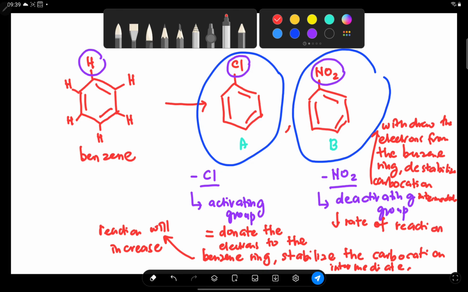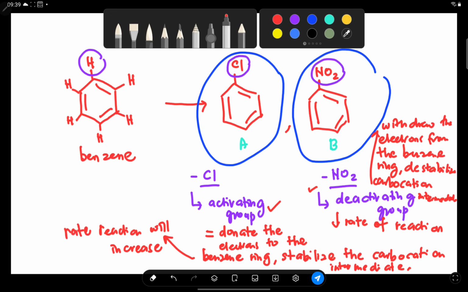Okay, when the question asks you to define or to distinguish between activating group and deactivating group, you should answer like this. Donate the electron to the benzene ring, stabilize the carbocation intermediate, and increase the rate of reaction.